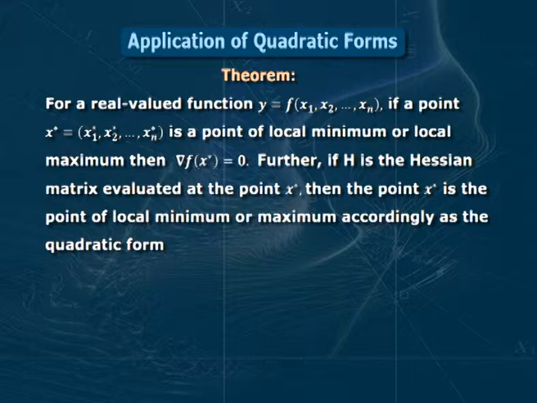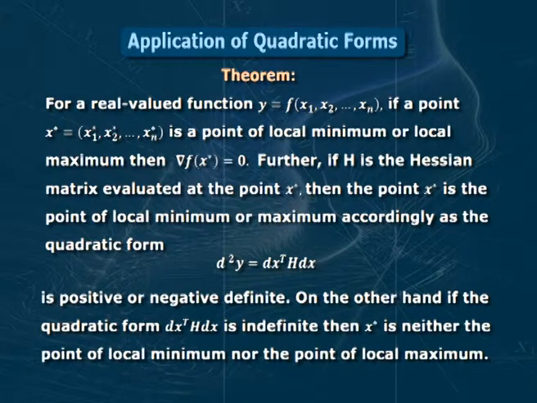Further, if H is the Hessian matrix evaluated at the point x star, then the point x star is the point of local minimum or maximum accordingly as the quadratic form d square y equal to dx transpose H dx is positive or negative definite. On the other hand, if the quadratic form dx transpose H dx is indefinite, then x star is neither the point of local minimum nor the point of local maximum.